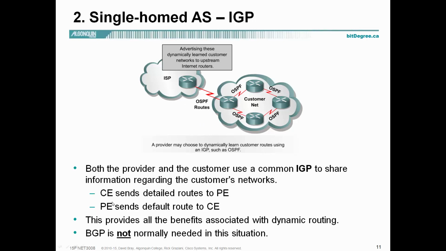And so the CE sends detailed routes to the PE, and the PE sends a default route to the CE. So we still want to route using the default route out, but the provider has the detailed routes of what is going on inside here. So in this situation, normally no BGP required.